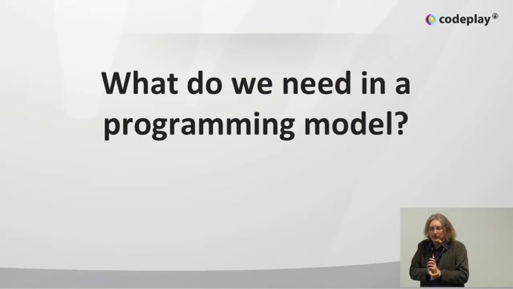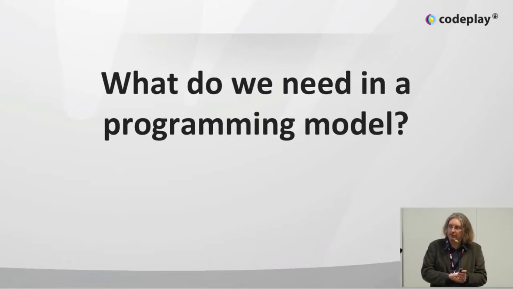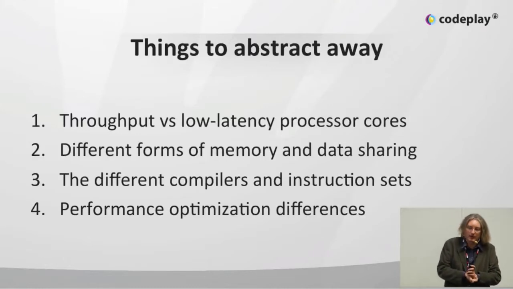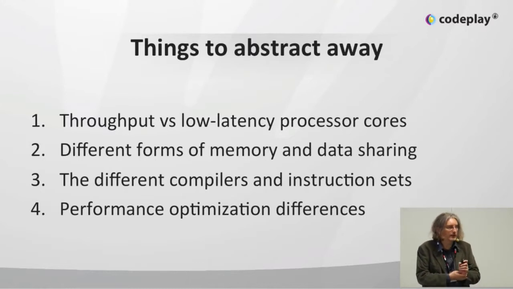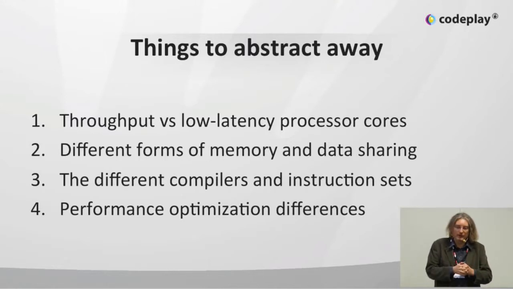So I'm going to talk about what you actually need in a programming model for a heterogeneous system. The things that we want to abstract away to enable people to move software between all of these different cores are the differences between throughput versus low latency processor cores. You want to make that easy to deal with. Different forms of memory and data sharing.